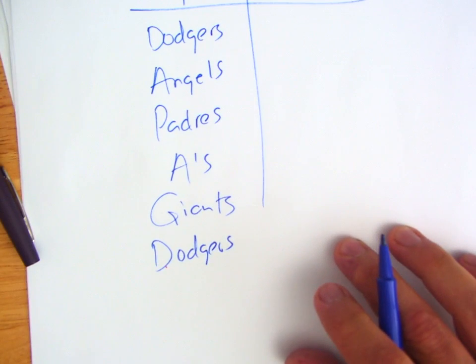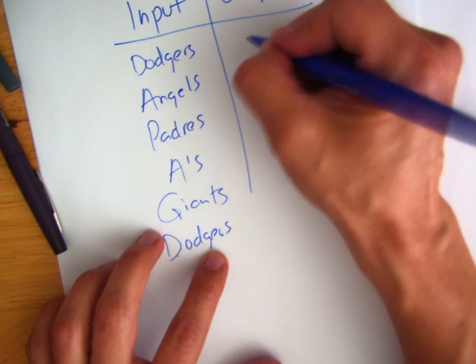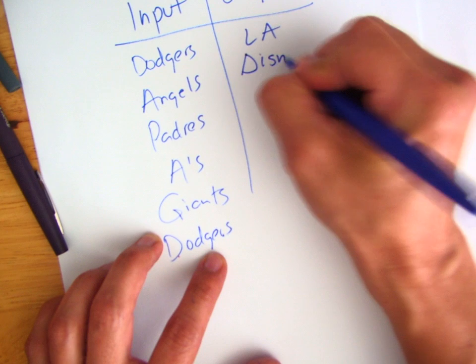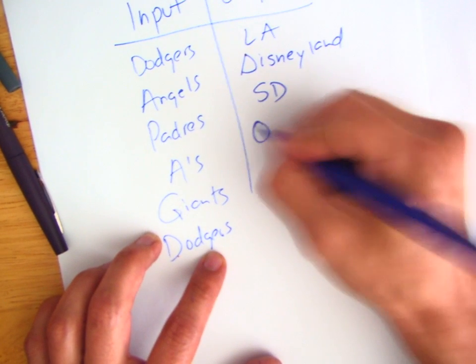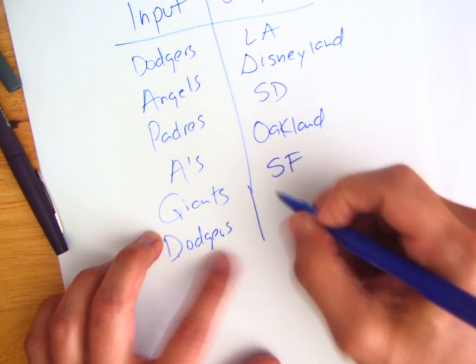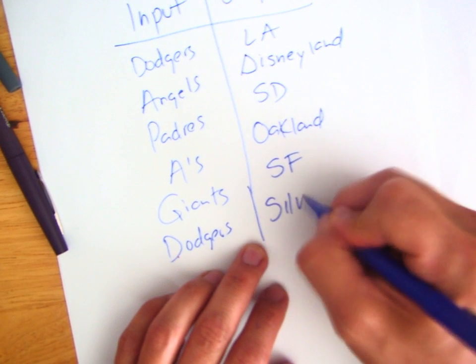And then your output is going to be LA, Disneyland, San Diego, Oakland, San Francisco, and let's say LA is Silver Lake.